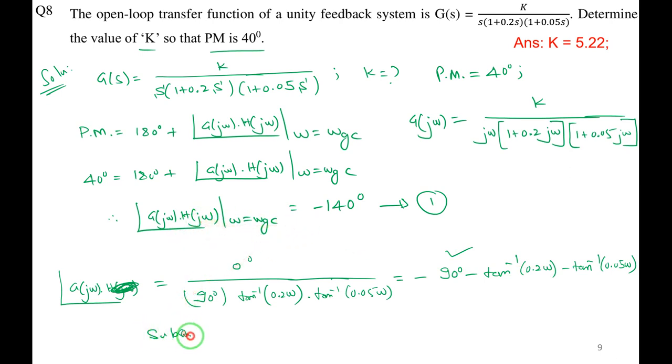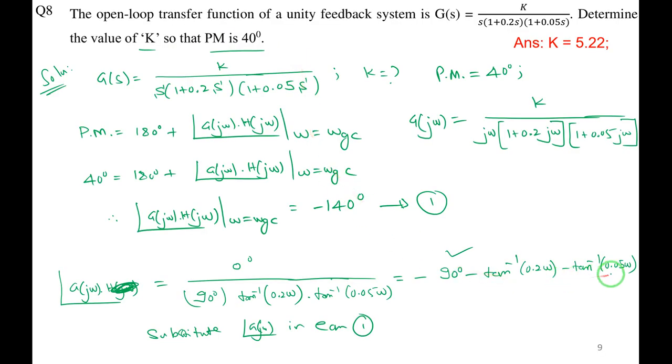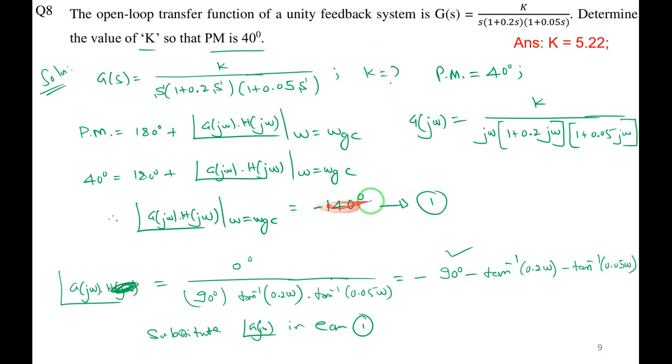The left-hand side is minus 90 degrees minus tan inverse of 0.2 omega gc minus tan inverse of 0.05 omega gc, and it is equal to minus 140 degrees.